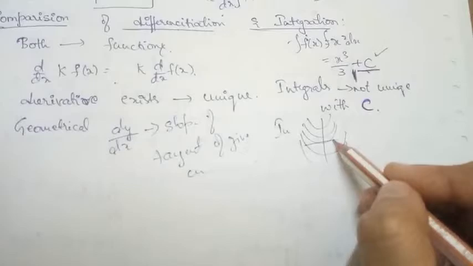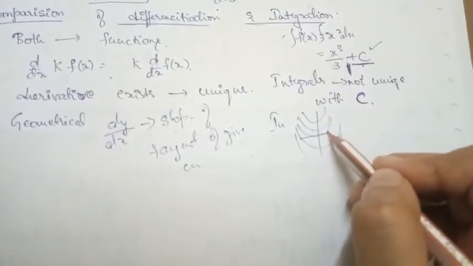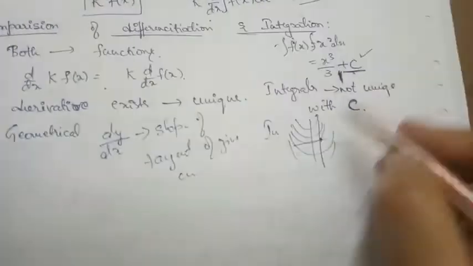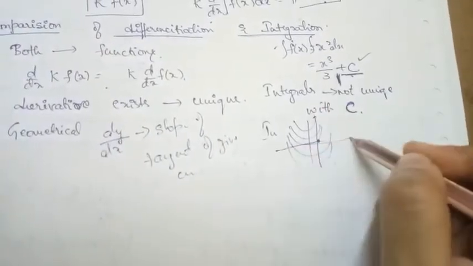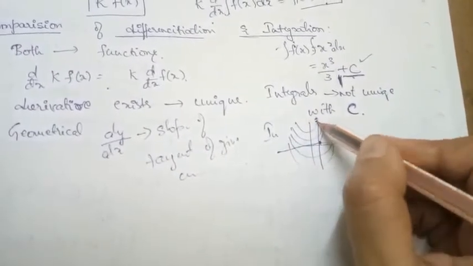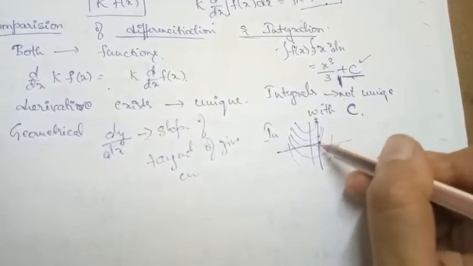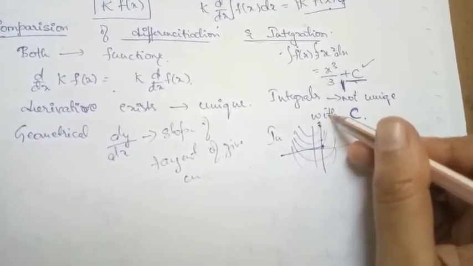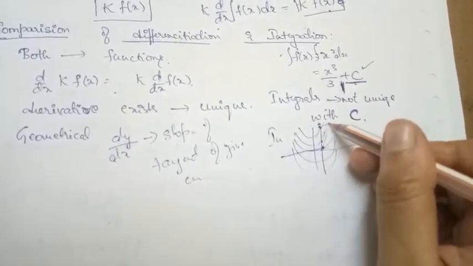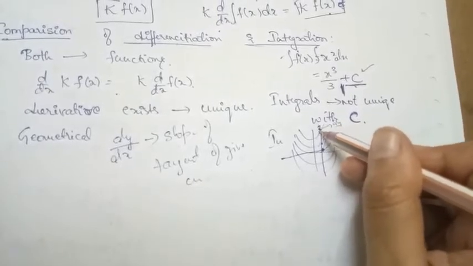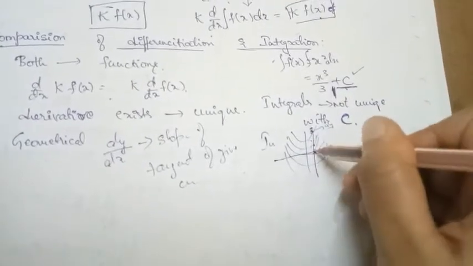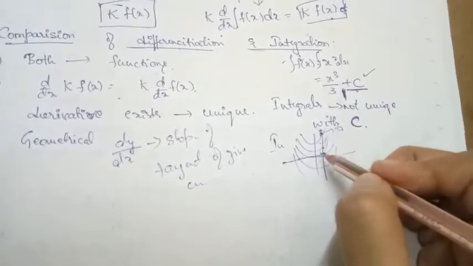Suppose at one particular point, say x is equal to a, I draw the line x is equal to a, I get a line which is perpendicular to the x-axis. So at that point in each curve, x is equal to a, if I draw the tangent, that is nothing but dy by dx at the point a in this curve, the derivative at the point a in this curve.